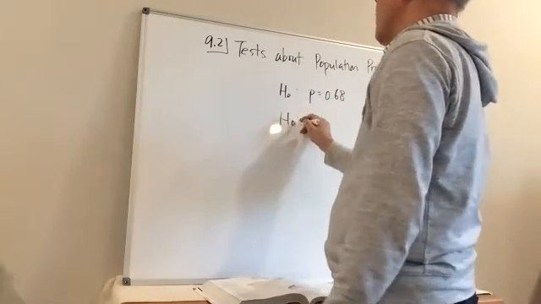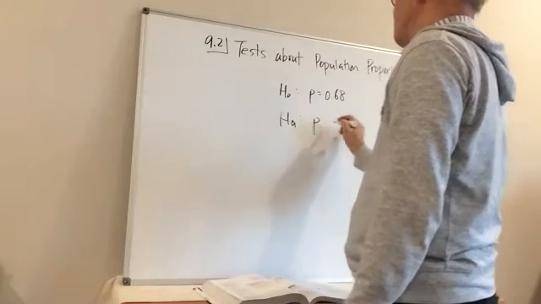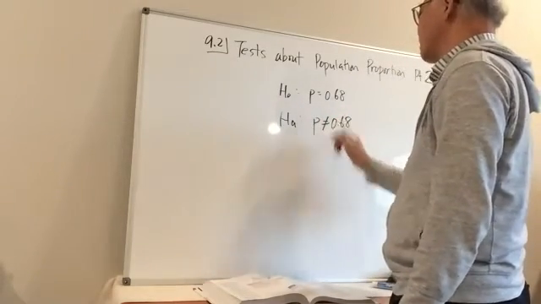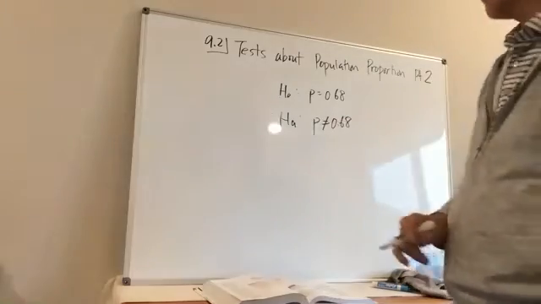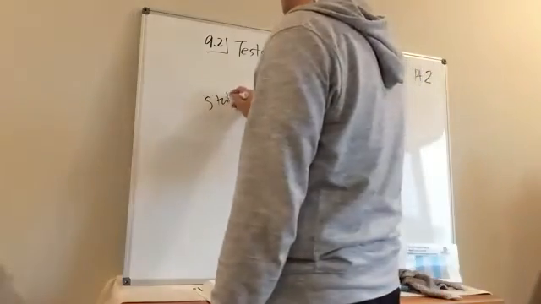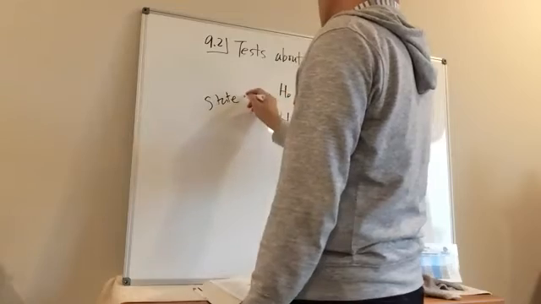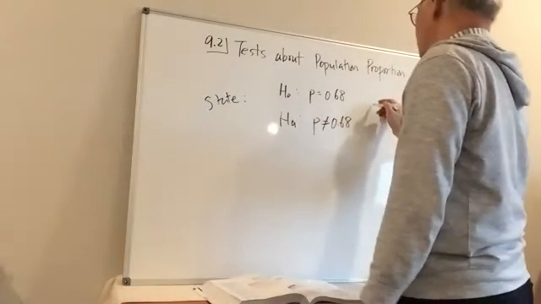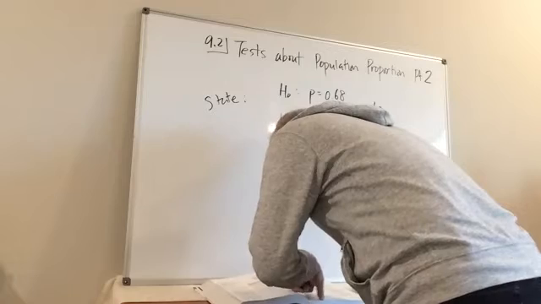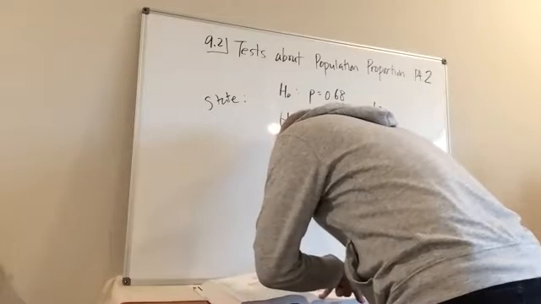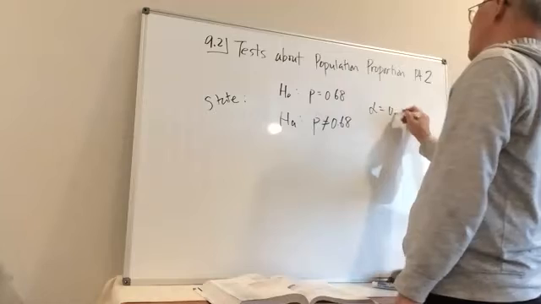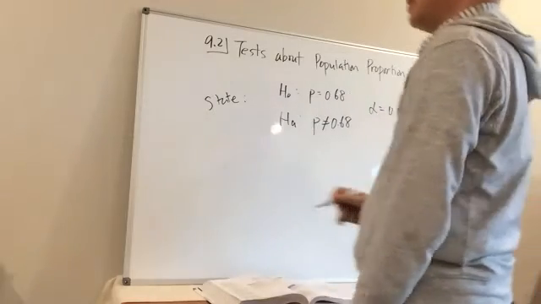And here's the difference: the Ha is going to be that the p is not greater than or less than, but just not 68%. So the state would be this. You're stating this, and you're going to use a significance level of what? Does it give you the significance level? It does not. So in the absence of a separate significance level, we are going to use 5%.